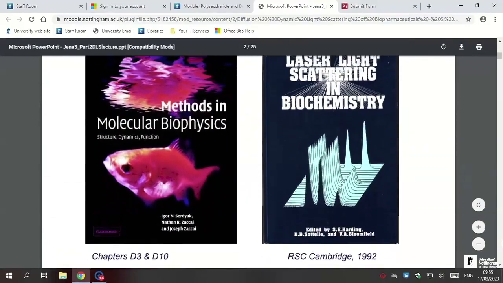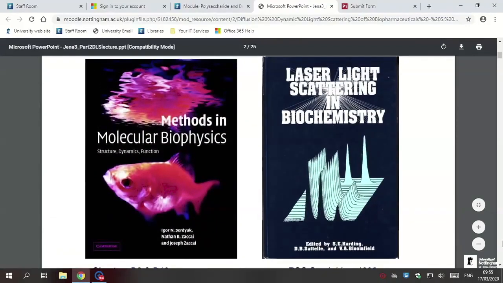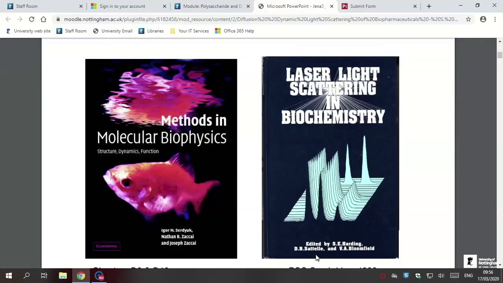In terms of reading, there's this book, it's old now, 30 years old, Laser Light Scattering in Biochemistry, and it's based on a meeting that I organised many years ago with Dave Sattel, who's an expert on light scattering applied to microorganisms, and Vic Bluefield, who used to be president of the American Biophysical Society, expert on light scattering, and now long since retired.